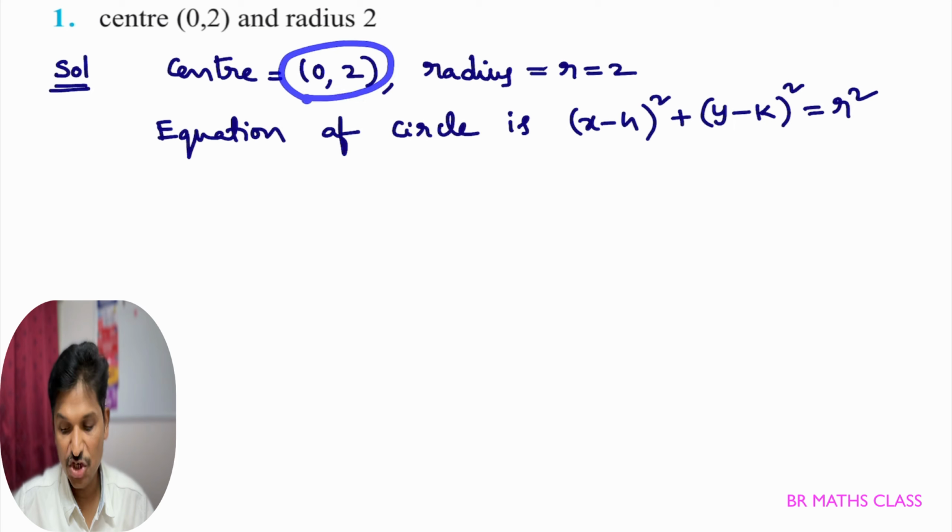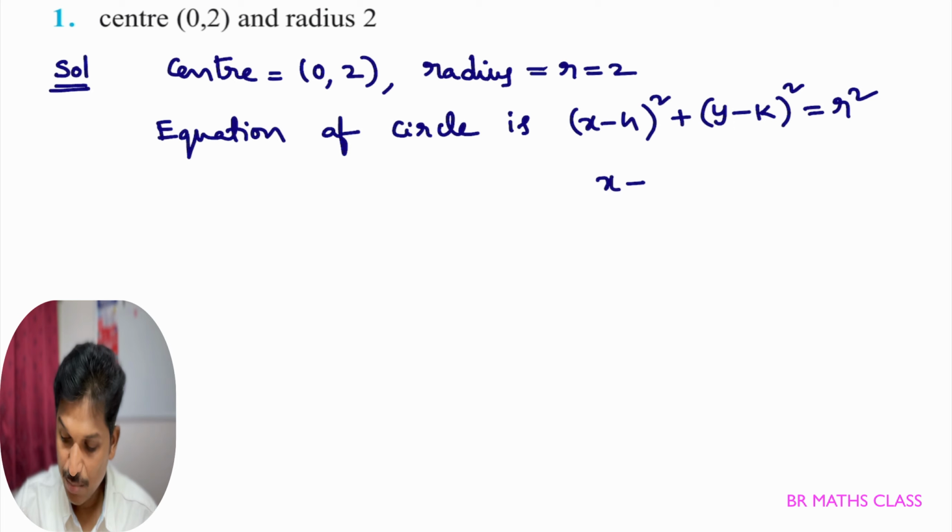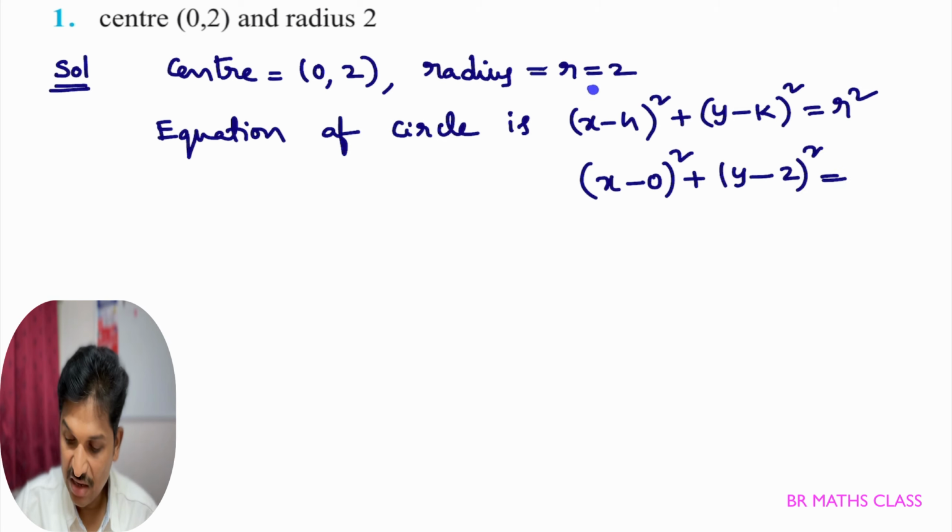So in place of h comma k, you write 0, 2. That means in place of h you write 0, in place of k you write 2, and radius r equal to 2. Now x minus 0 whole square plus y minus 2 whole square equal to 2 square.